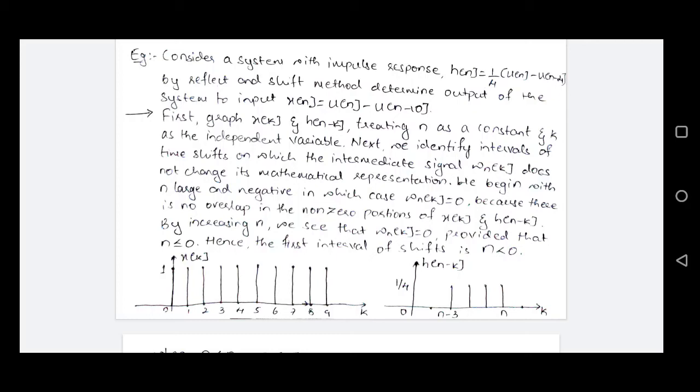So we'll represent it with an index n. Then what will be the index of the last sample? There are a total of 4 samples. To get the index of the last sample, we'll subtract 3. So n will be the index of the first sample and n minus 3 will be the index of the last sample.